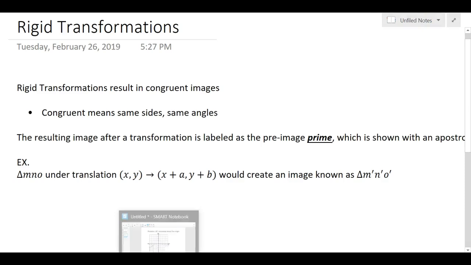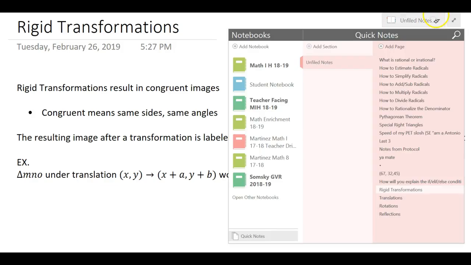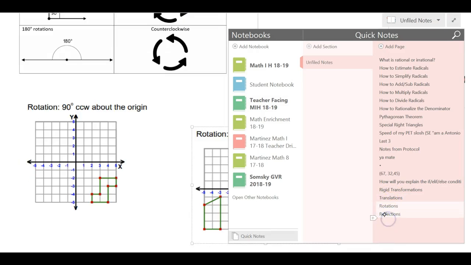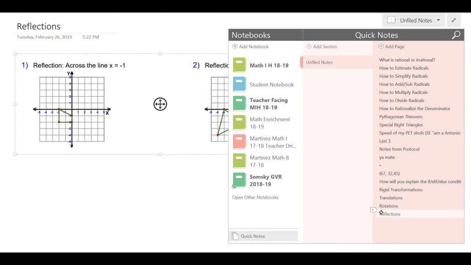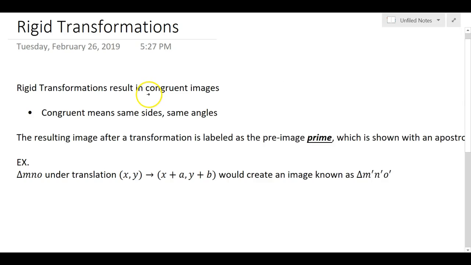So let me pull a few of these up. Any changing of an image, such as rotating an image, possibly, such as translating it, meaning moving it somewhere, or reflecting the image, that results in what is known as a congruent image.